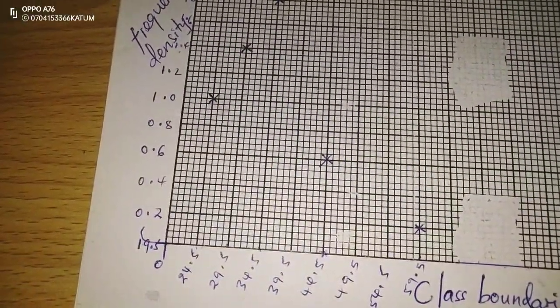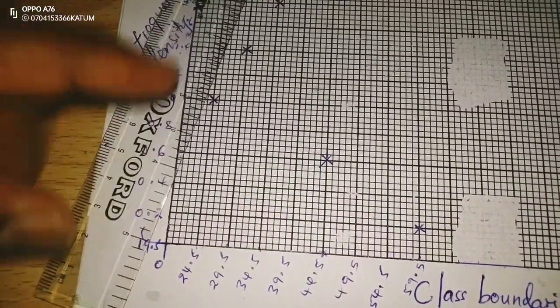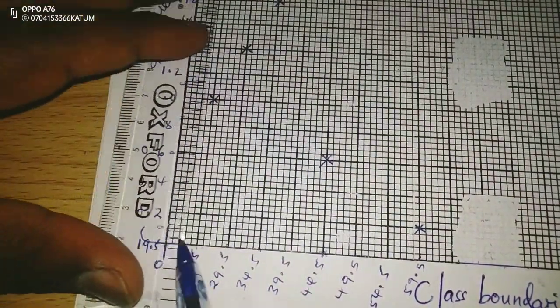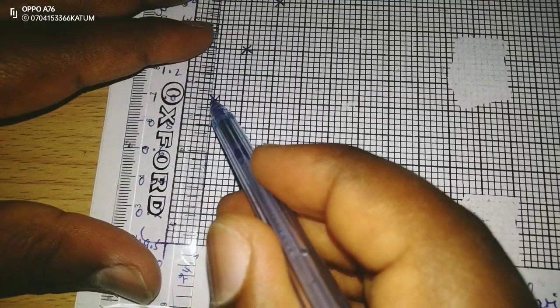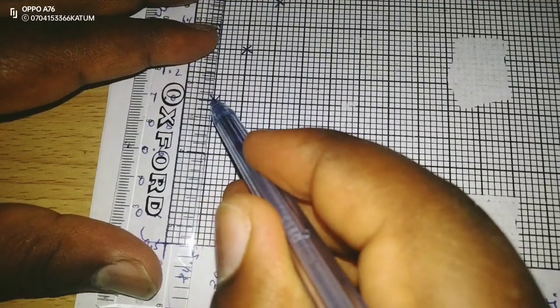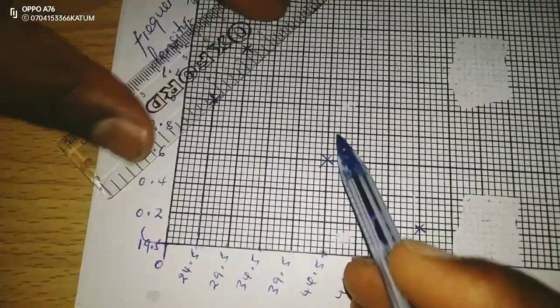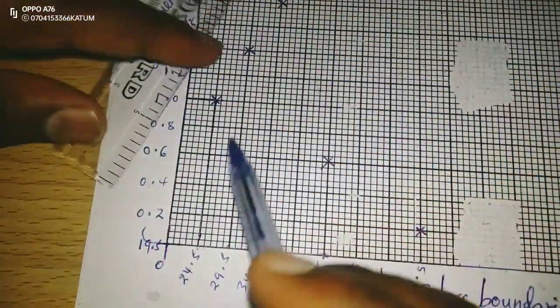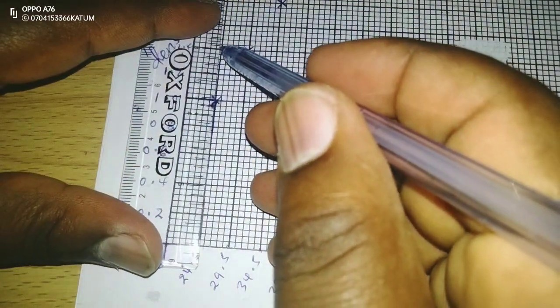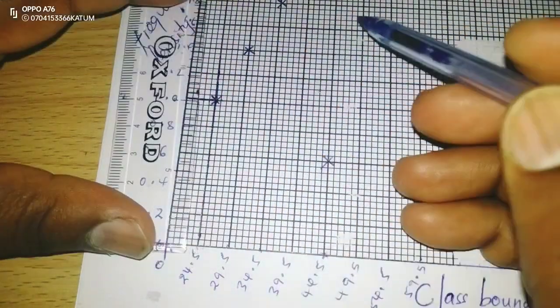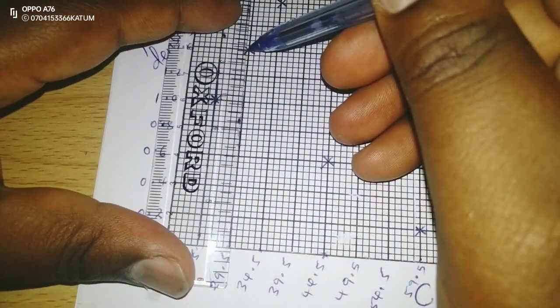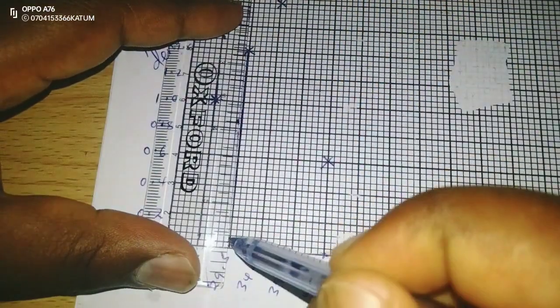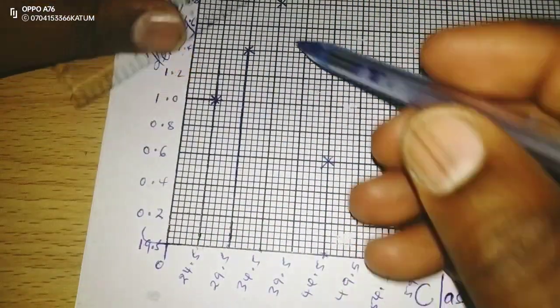Therefore, now we can come up with the bars to represent the classes. The first class from here to here with a height of 1. So this is the first class. The next one is beginning there with a height of 1.4, but yeah, the upper boundary is there.